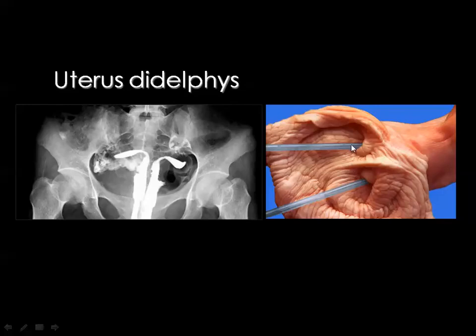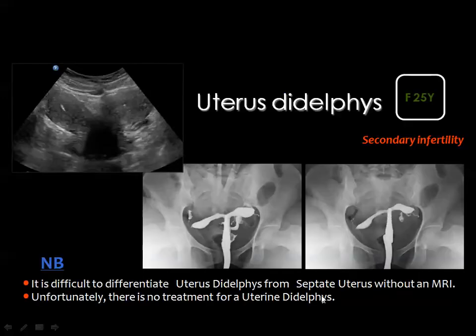And you put a cannula in one of the cervical canals and another cannula in the second cervical canal. Then you get the opacification of the uterine cornu. And this is uterus didelphys. You should remember that in uterus didelphys there are two separate uterine bodies, two separate uterine cavities, two separate cervical canals.